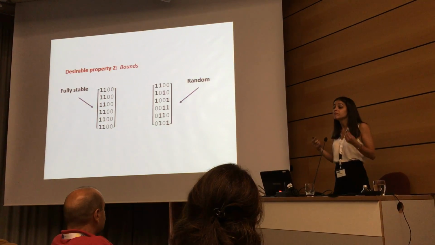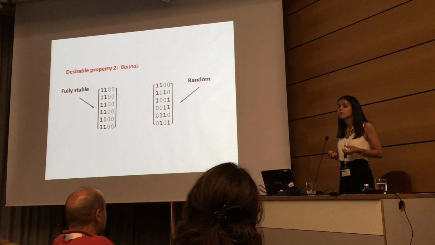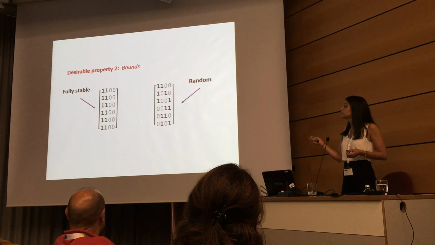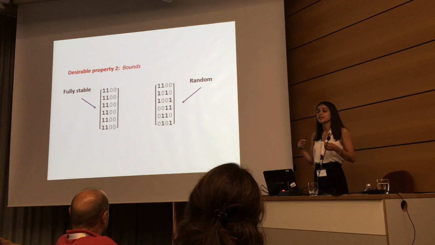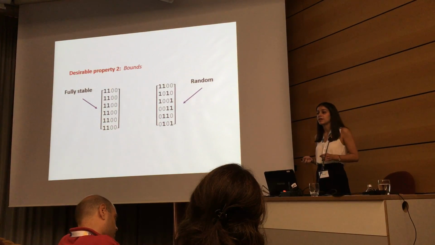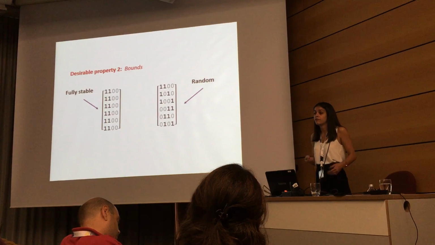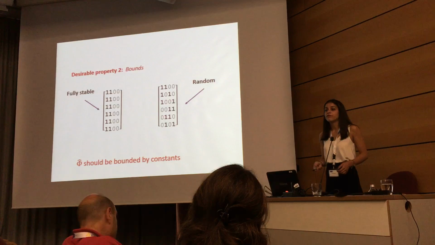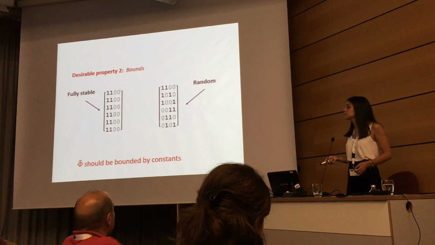So we would like a value to correspond to that, a maximum value. Conversely, we can look at this situation where the features are selected randomly, and this corresponds to the fully unstable case. So we would like as well to have a value corresponding to that, which is why we would like phi to be bounded by constants.